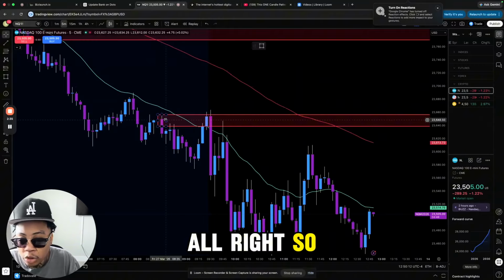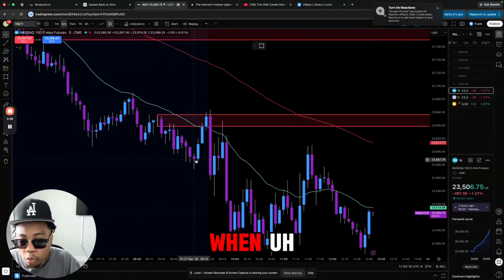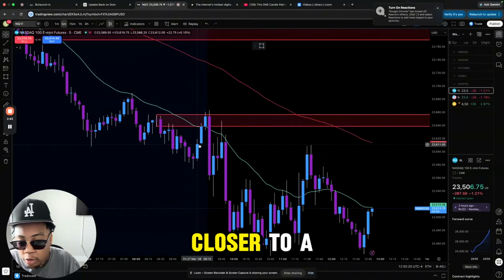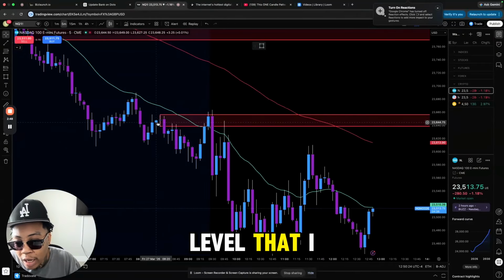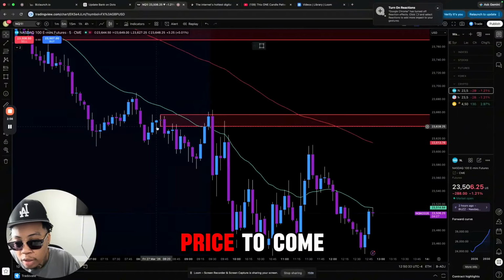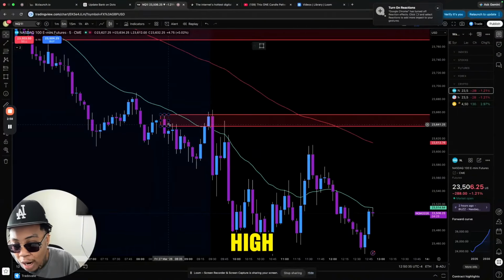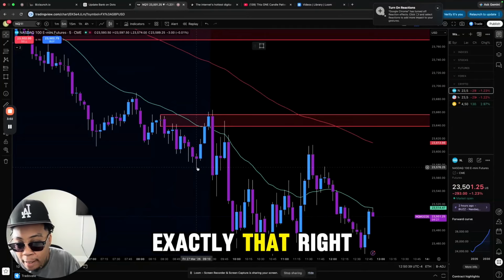Now, when I seen that the market was pulling back closer to New York session opening, this was the level I was looking for price to come and take out. I wanted price to come up and take out this lower high before I execute on my trade. And it did exactly that, right?